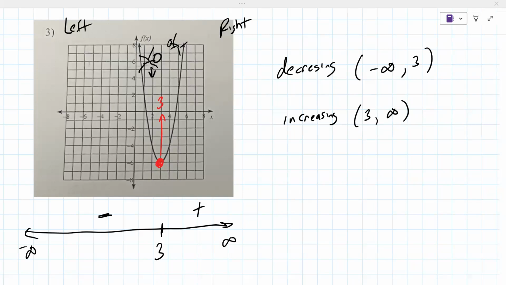Okay, so let's have you try number 4 on your own here. I'll leave this example up. It's very much like it.